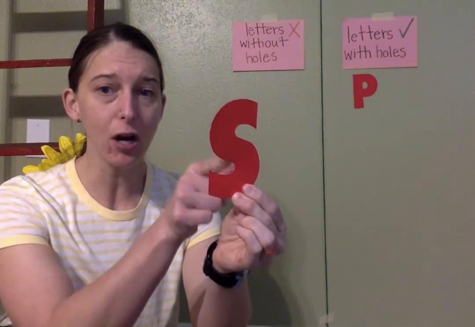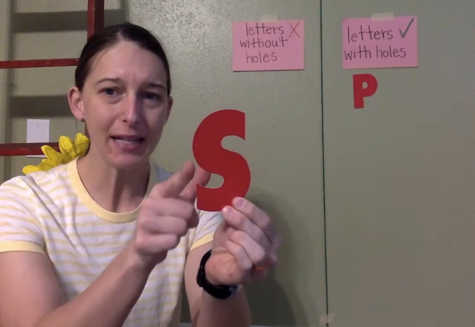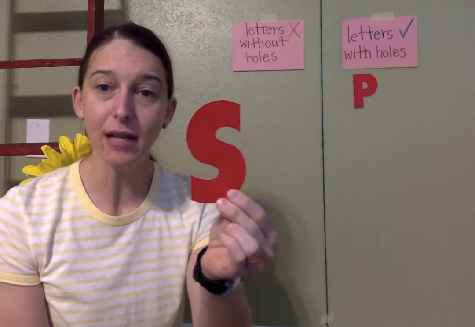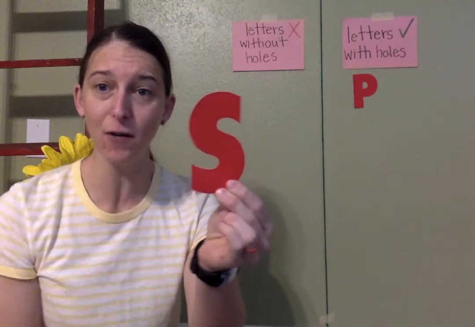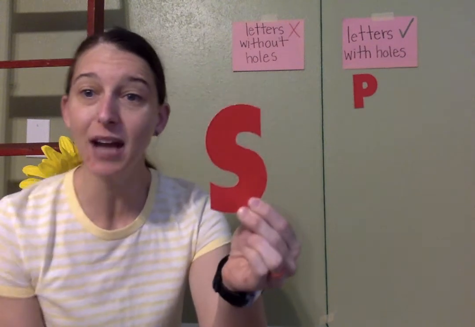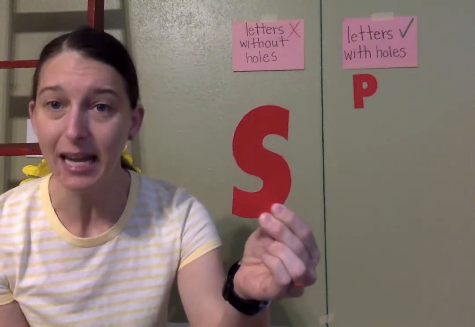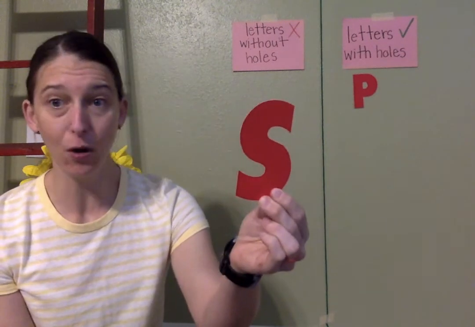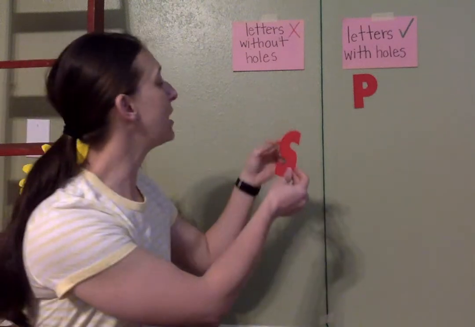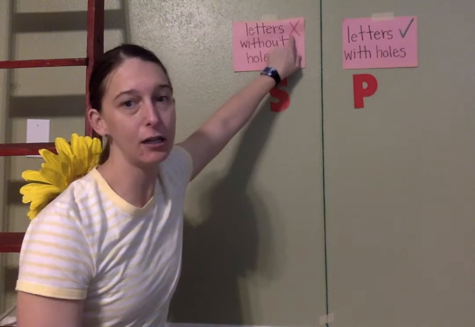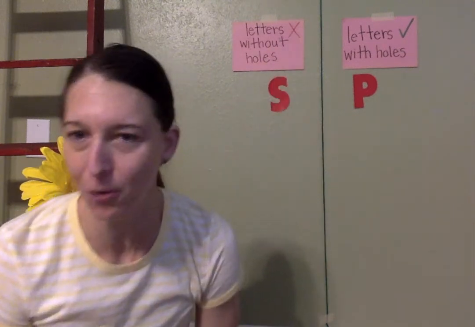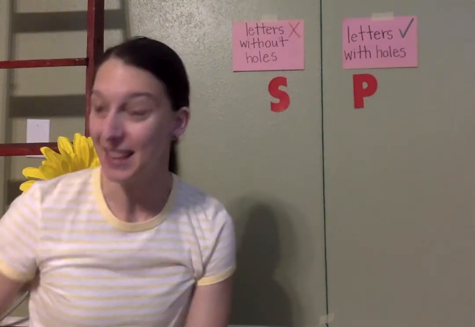I see some curves right here, but it's not closed, so that's not a hole. I can't put my finger in it without my finger falling out. So this letter S for Miss Sydney does not have a hole. I'm going to put it right here with my letters without holes. S, you do not have a hole. All right, let's see the next letter.